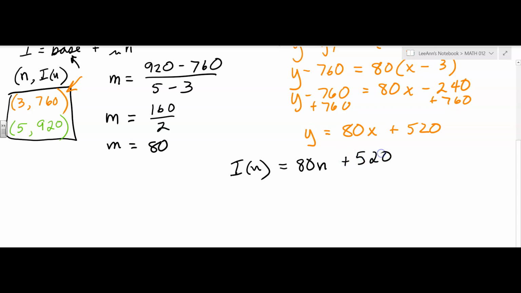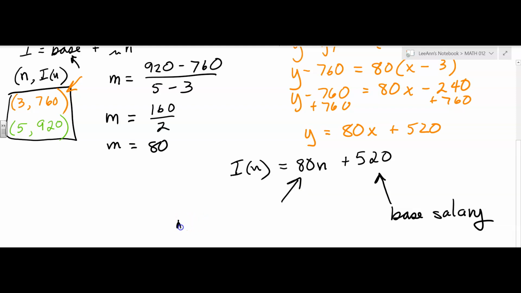520. Now the interpretation, that's his base salary. So he gets $520 a week, even if he doesn't sell any policies. That's the base salary. His commission, he's getting $80 per new policy.